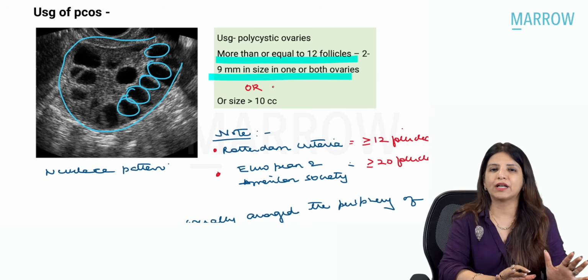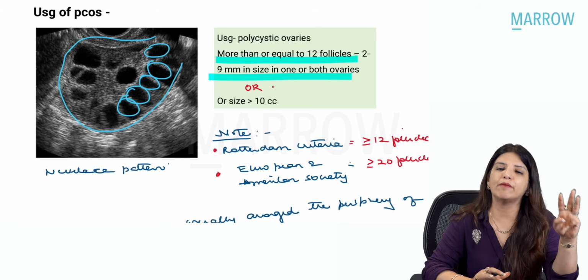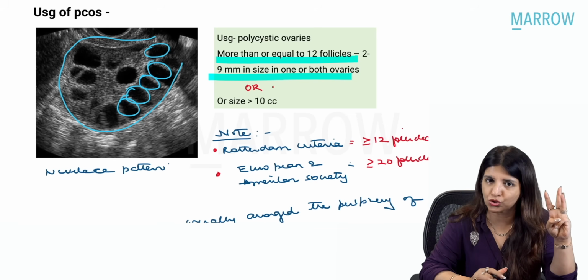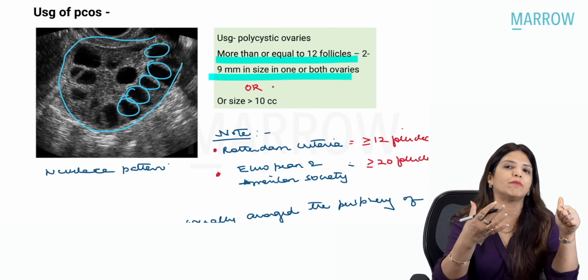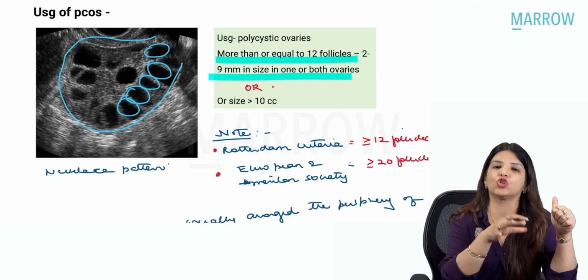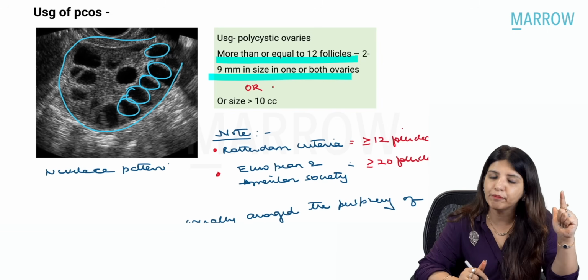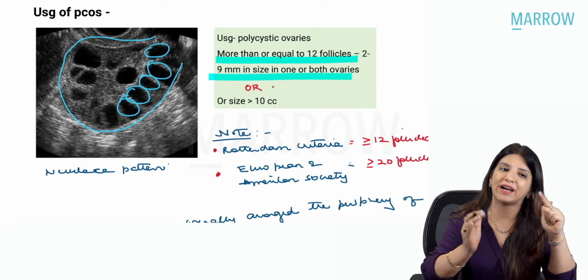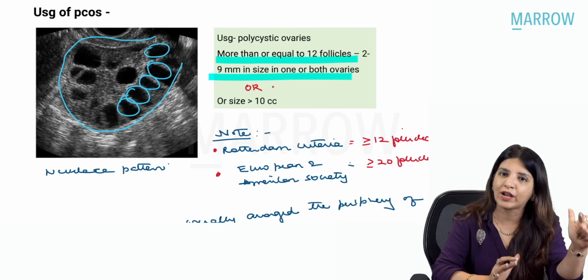So in Rotterdam criteria, there are 3 things listed by Rotterdam, out of which 2 should be present. What are those 3? Number 1, increase in androgen levels, which should either be manifested clinically or biochemically in the form of increased testosterone. Number 2, ovulatory dysfunction manifested in the form of oligomenorrhea or amenorrhea. How do you define oligomenorrhea?